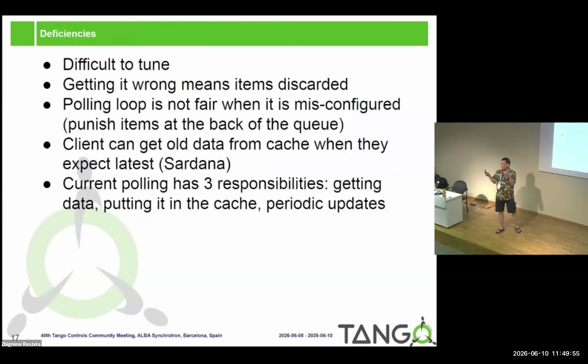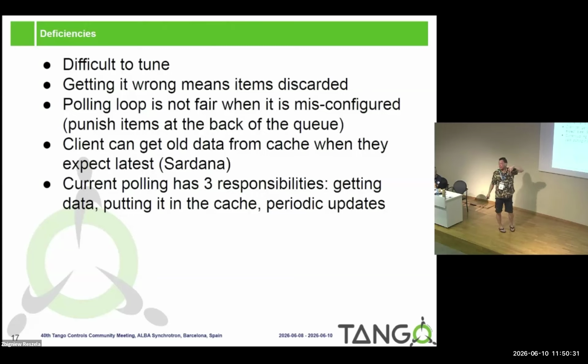And so that is actually why we sat down and tried to identify the main pain points. It's difficult to tune. You have to get the timing of the polling loop right, so that when your device does not respond in exactly the amount of time that you think it should respond, then your polling loop is very likely out of whack. So if you get the timing setting wrong, that means, as I said earlier, that some attributes are never read.